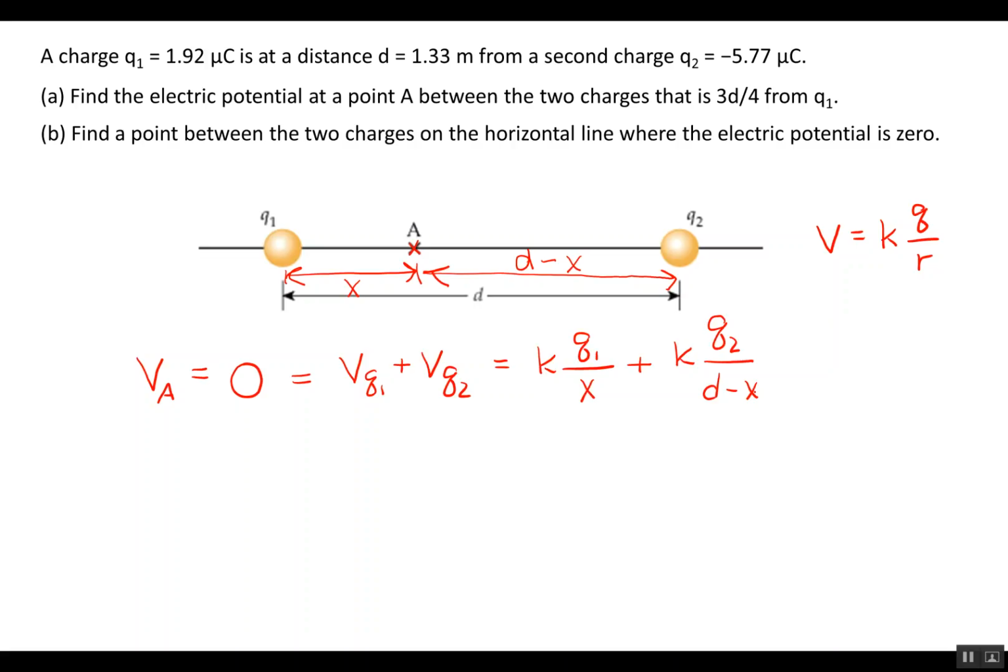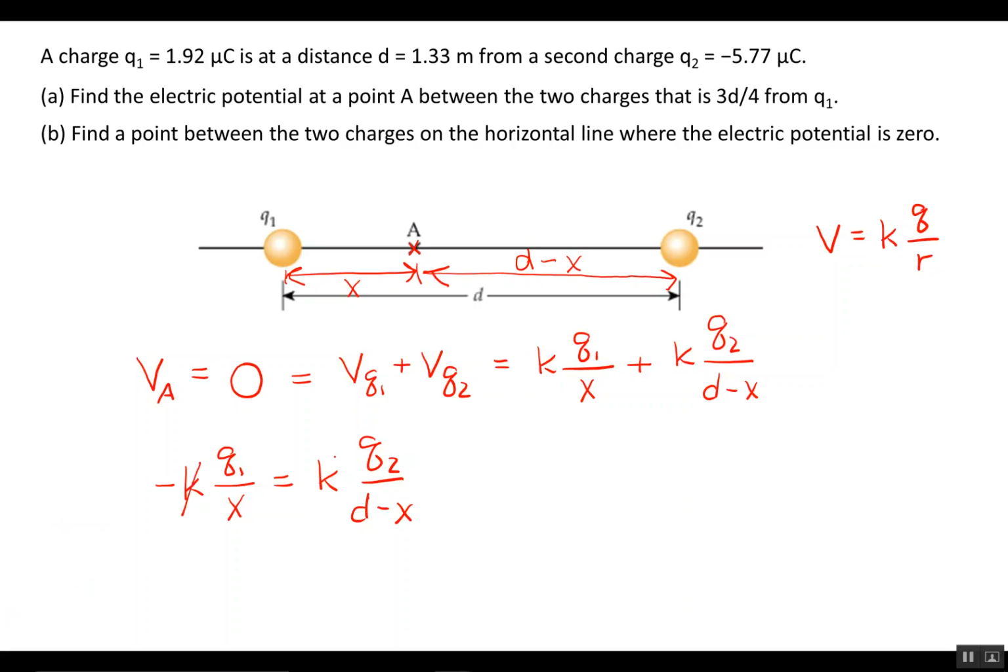Okay, now we need to do some algebra and solve for X, the unknown distance to the right of Q1 where the total voltage is 0. The first thing I did was subtract K Q1 over X from both sides. So I get minus K Q1 over X equals K Q2 over D minus X.